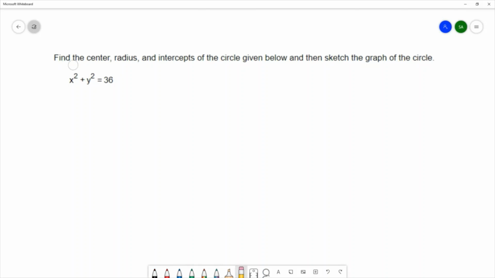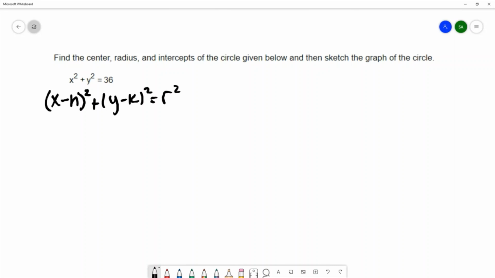This question says find the center, radius, and intercepts of the circle given below, and then sketch the graph of the circle. So in order to figure out the center and the radius of this circle, we need to know the standard form of a circle. The standard form of the circle is (x minus h) squared plus (y minus k) squared equals r squared.